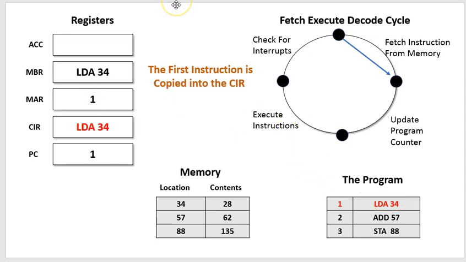Now, the first instruction is then copied into the current instruction register. So we see here that the instruction in the MBR is then copied into the current instruction register, waiting to be executed. At this point, we're still fetching the instruction from memory.